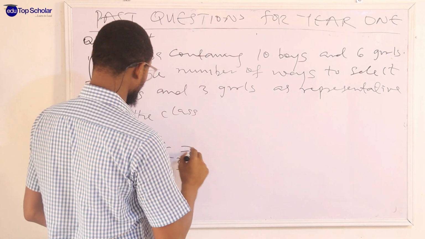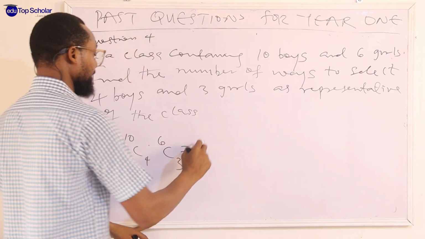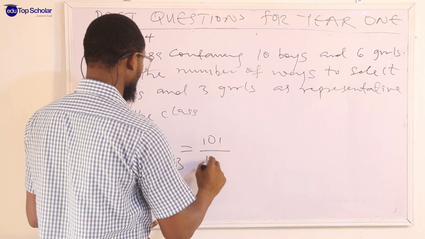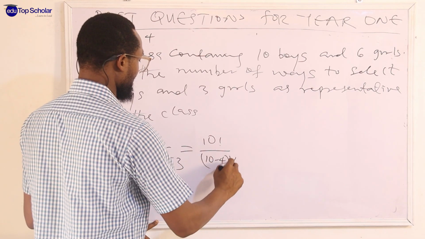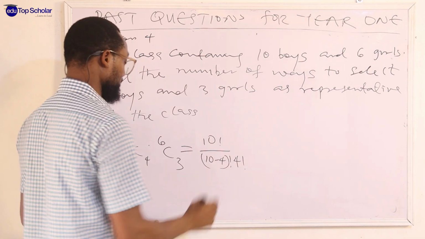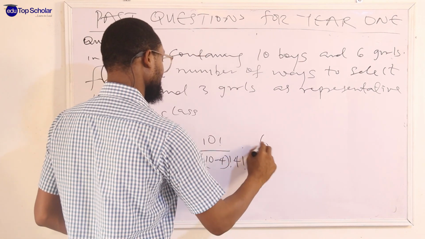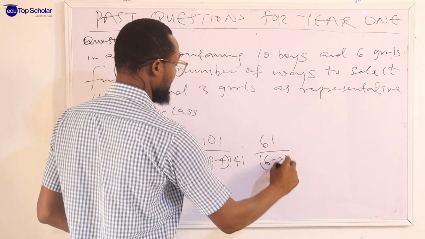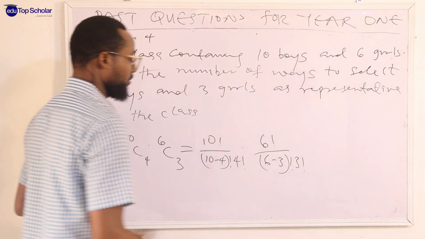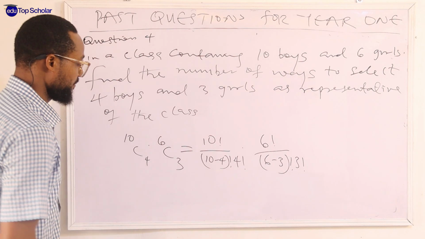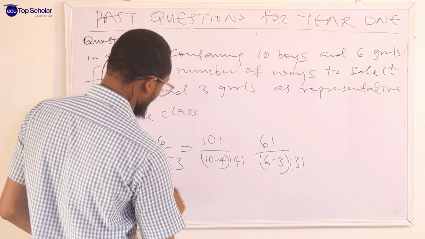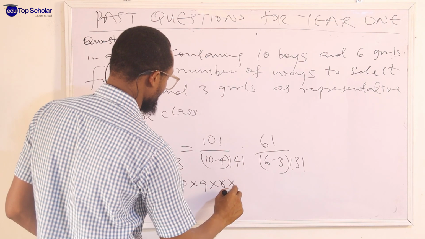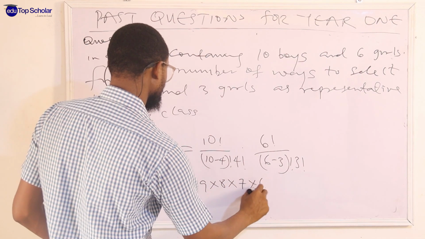But now, for combination, we have this, and this will be 10 factorial over 10 minus 4 factorial multiplied by 4 factorial, multiplied by 6 factorial over 6 minus 3 factorial multiplied by 3 factorial. So the rest is just arithmetic. For 10 factorial, we have 10 times 9 times 8 times 7 times 6 factorial.